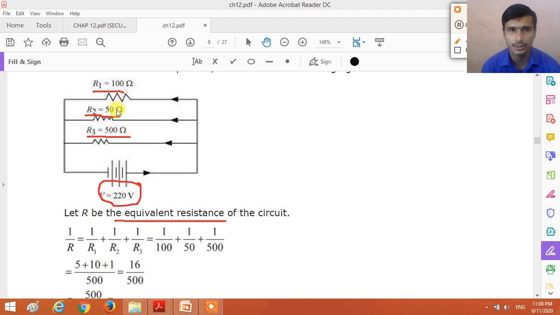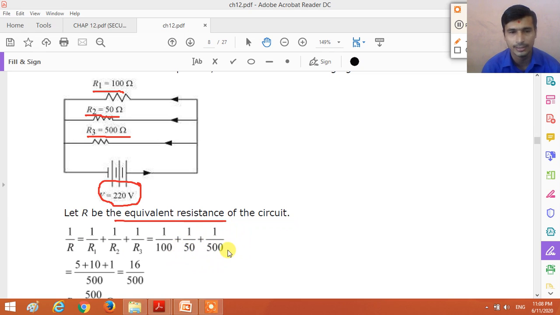So when the three resistors are connected in parallel, the equivalent resistance is calculated like this: 1 by R equivalent is equal to 1 by R1 plus 1 by R2 plus 1 by R3. We place the values: 1 divided by 100 ohm plus 1 divided by 50 ohm and 1 divided by 500 ohm.